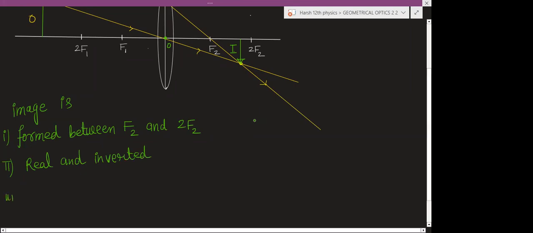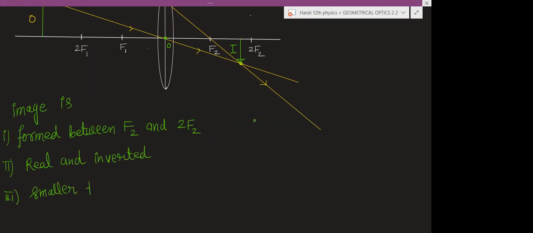Number 3, smaller than the object. What is the other name of smaller than the object? Diminished.